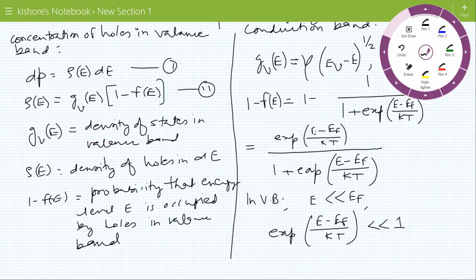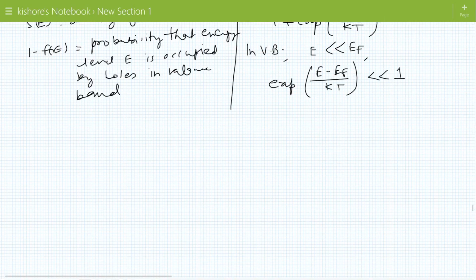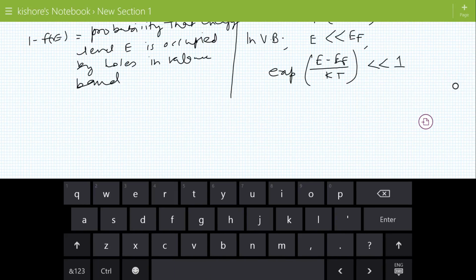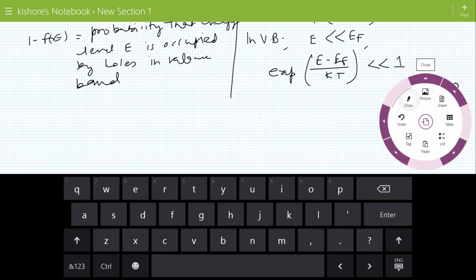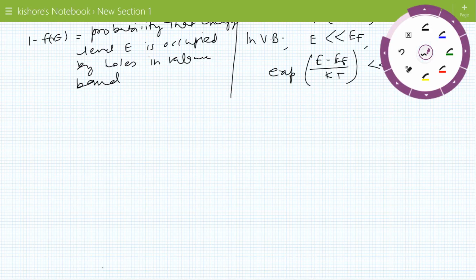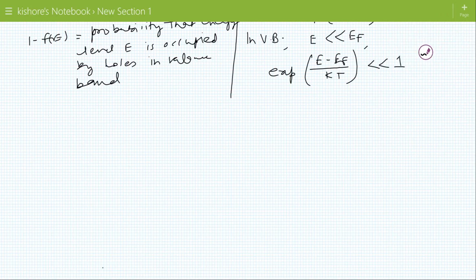So the expression for 1 minus Fe in valence band can be approximated as e to the power (E minus EF) by kT.